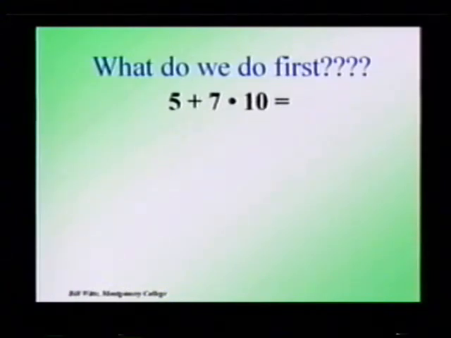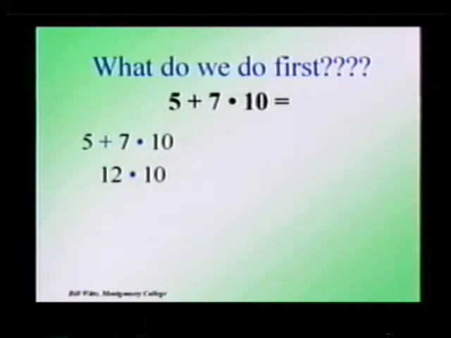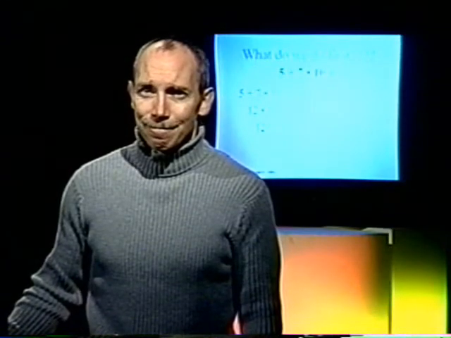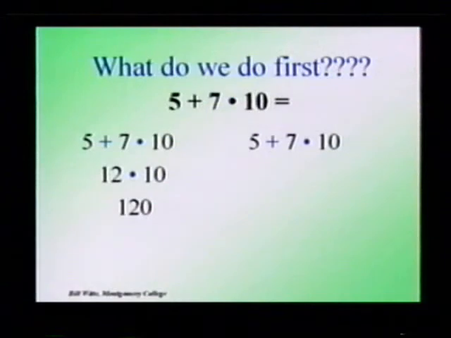Yoink. Well, it's going to matter here. Let's take a look at this problem. 5 plus 7 times 10. Could we go 5 plus 7, get 12, multiply by 10? Seems reasonable. The answer could be 120. I got a problem here for you. What if we took the same problem and instead of adding the 5 and the 7, we decided to do the 7 and the 10 first?